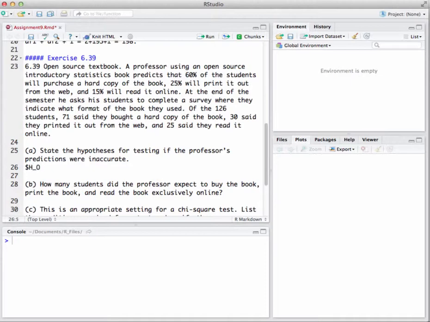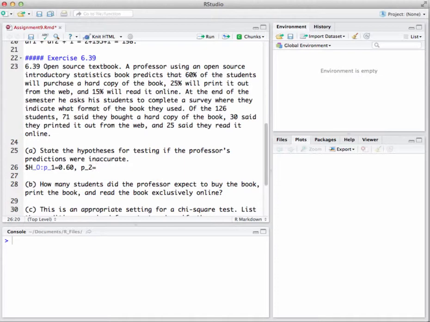In other words, he's got it right, and what he's saying here is that P1, the first proportion, is equal to what? Well, that would be the proportion of people who purchase the hard copy of the book, and that's equal to 0.60, okay? And then the second proportion, P2, is going to be equal to what?